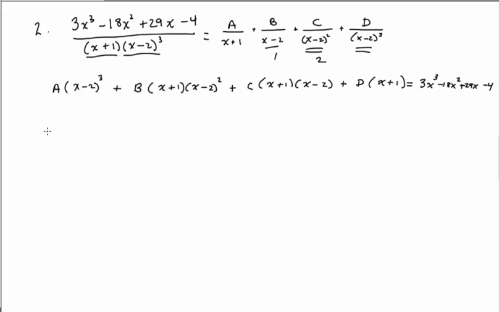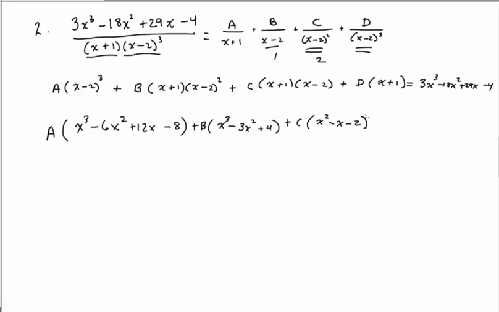Alright, again, we have to now collect the different terms. The a, if I were to expand this, x cubed minus 6x squared plus 12x minus 8, and then expand the next portion, we would have x cubed minus 3x squared plus 4, moving right along, c times the polynomial x squared minus x minus 2 plus d, x plus 1.